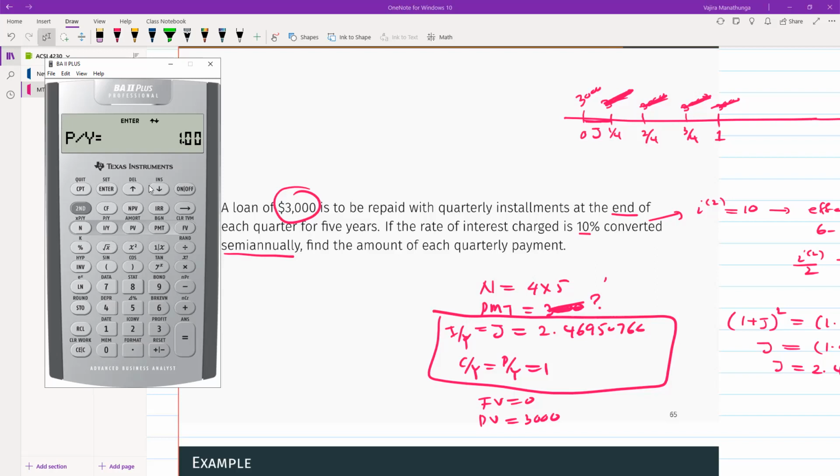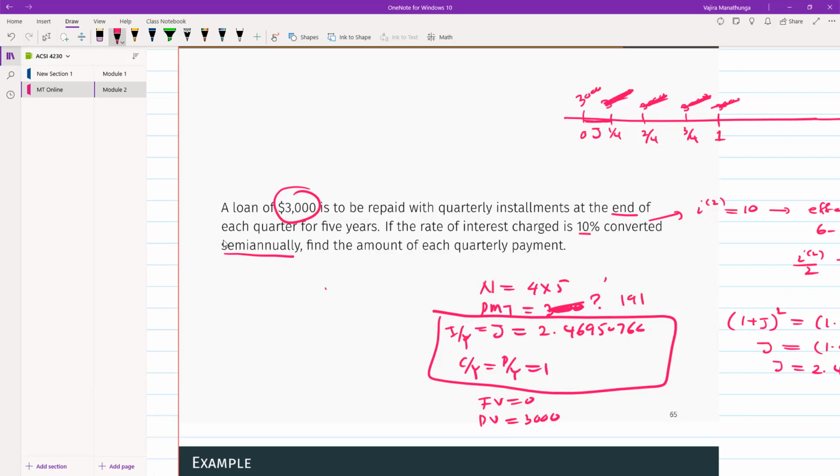Second, this one is 1 and 1, just to make sure. Now let's compute the payment. So compute payment: 191.89. Okay, so the payment is negative because you had to pay. So the payment is 191.89.